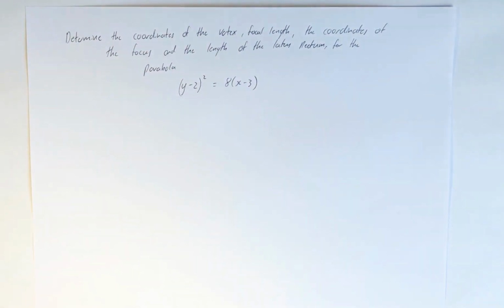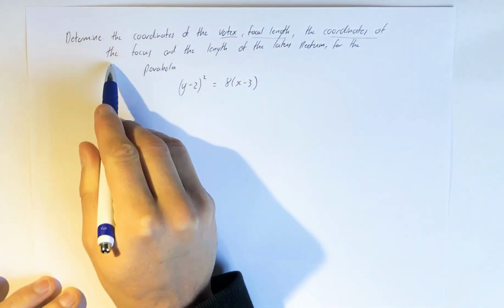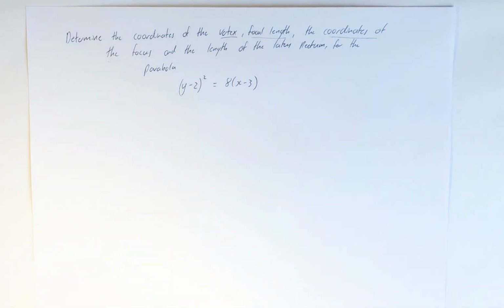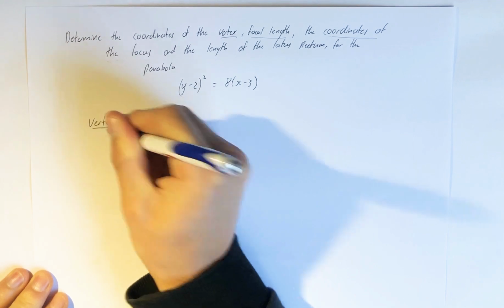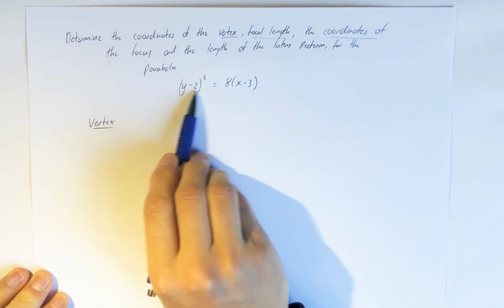Determine the coordinates of the vertex, the focal length, the coordinates of the focus, and the length of the latus rectum for this parabola. So you could pause now, give that a shot. I'm going to go through this right now. The vertex, well, it's been moved up 2 and across 3.